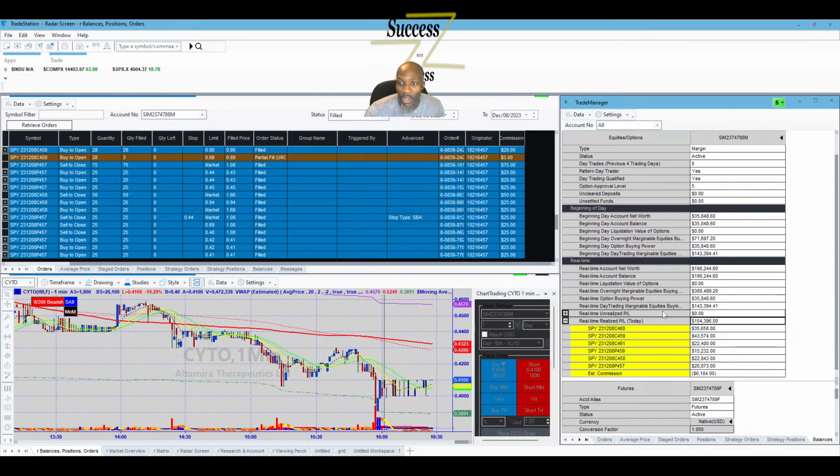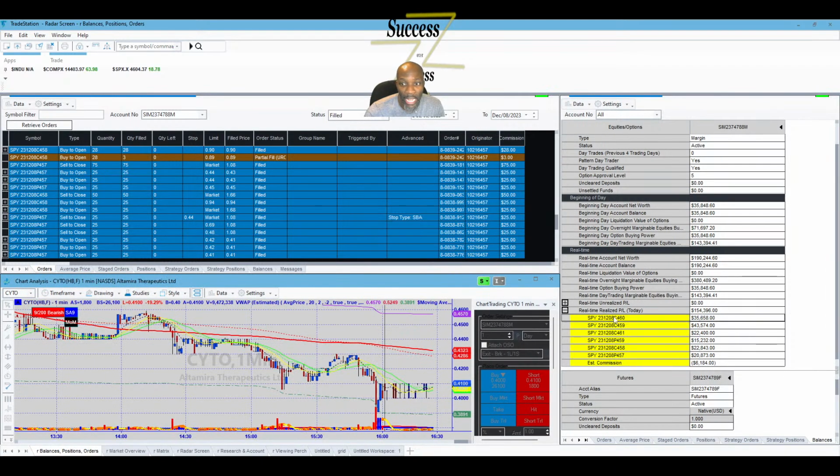Let me see if I can pull it up. Because like I said, $154,000 isn't accurate, but I was getting into a lot of trades and out of them in a positive direction. I think I probably only exited like 2 of them in the negative direction. So I was feeling the groove with SPY.